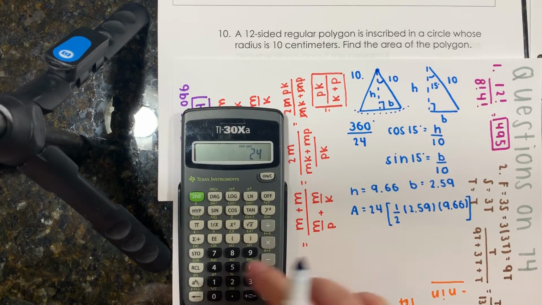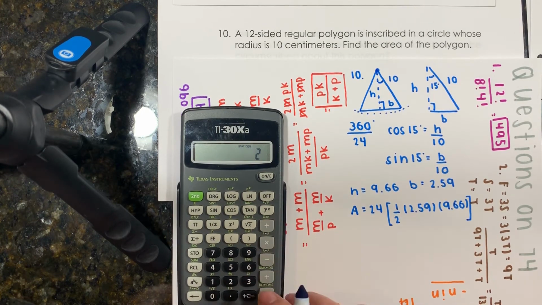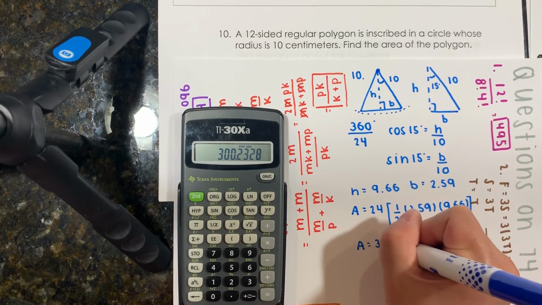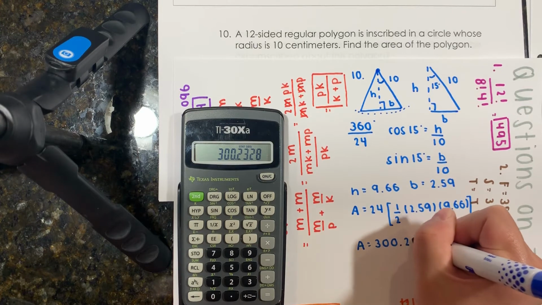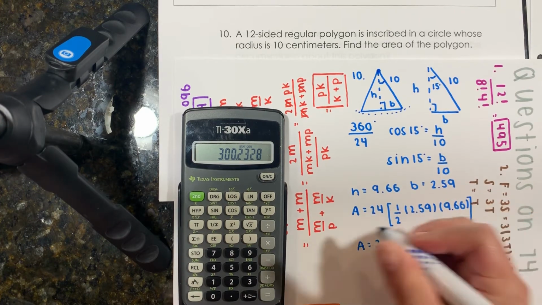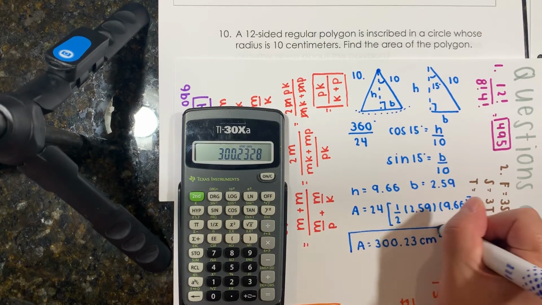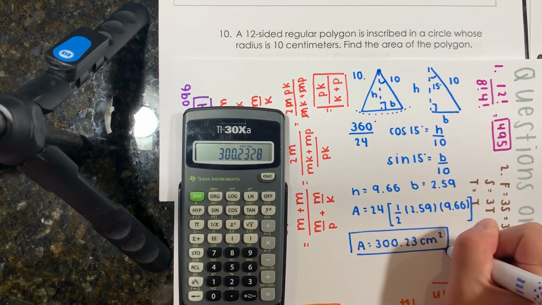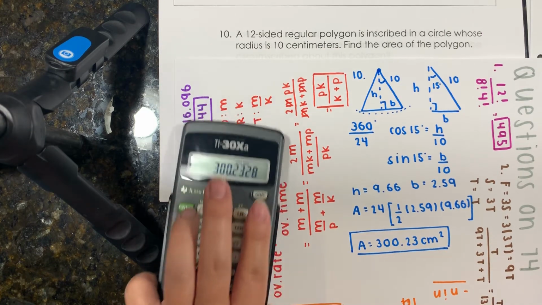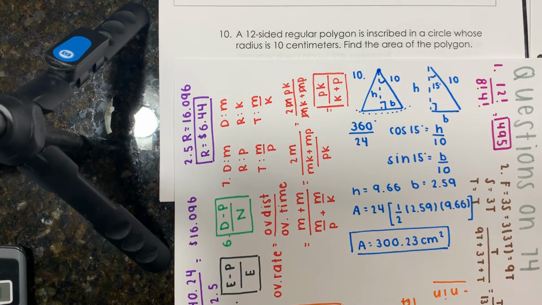So 24 times 2.59 times 9.66 divided by 2 gives me an area of 300.23 centimeters squared. So really I didn't draw out the whole thing. I just separated it into the isosceles triangles to actually solve.